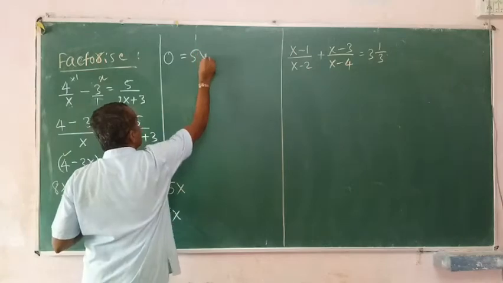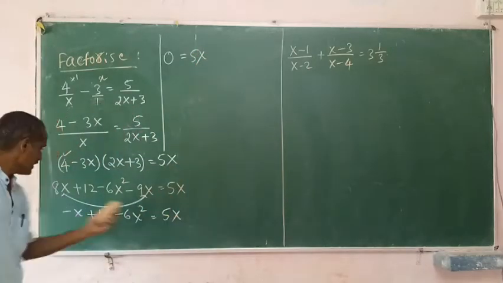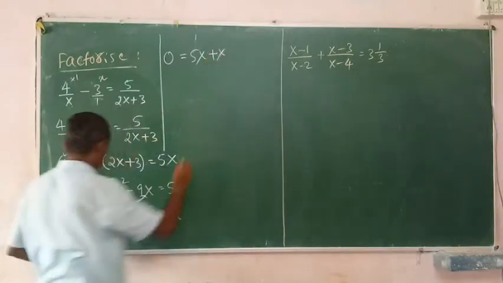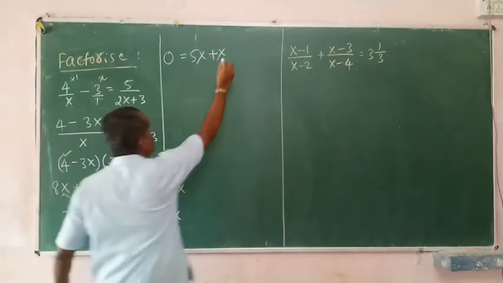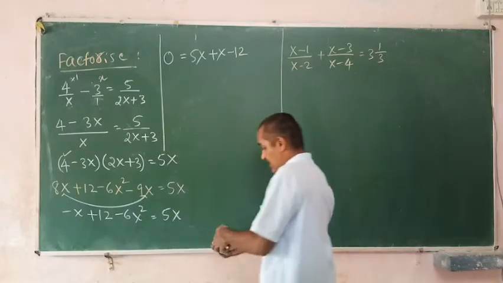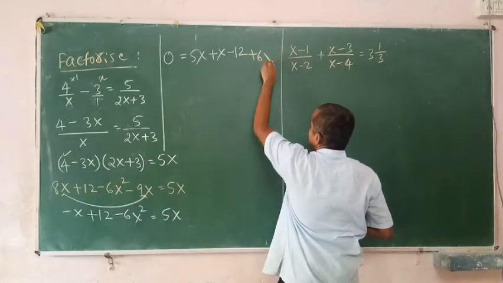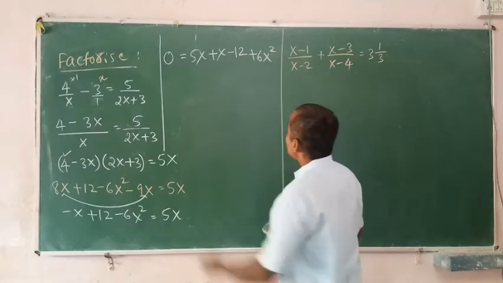So 5x shifted to that, plus x shifted to that, minus 12, shifted here to the RHS, plus 6x. Okay, simplify.